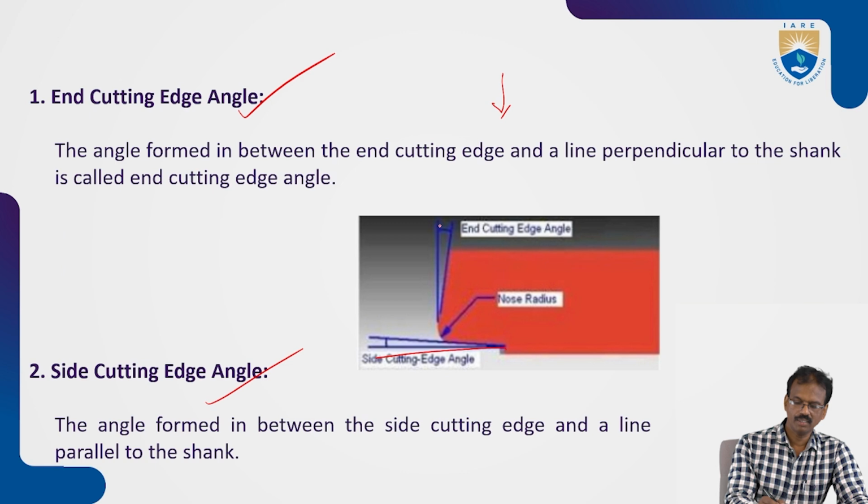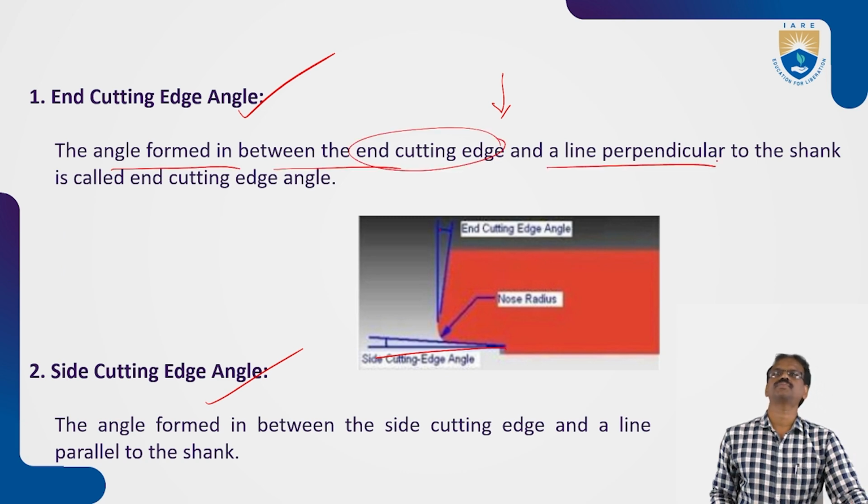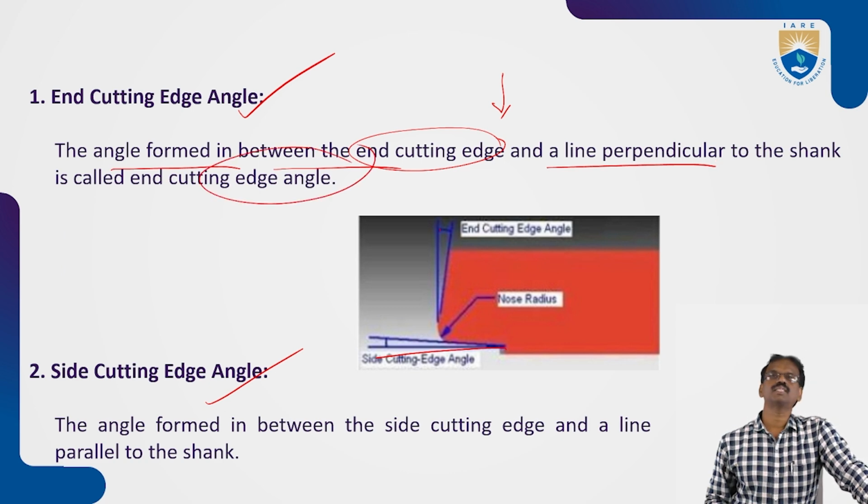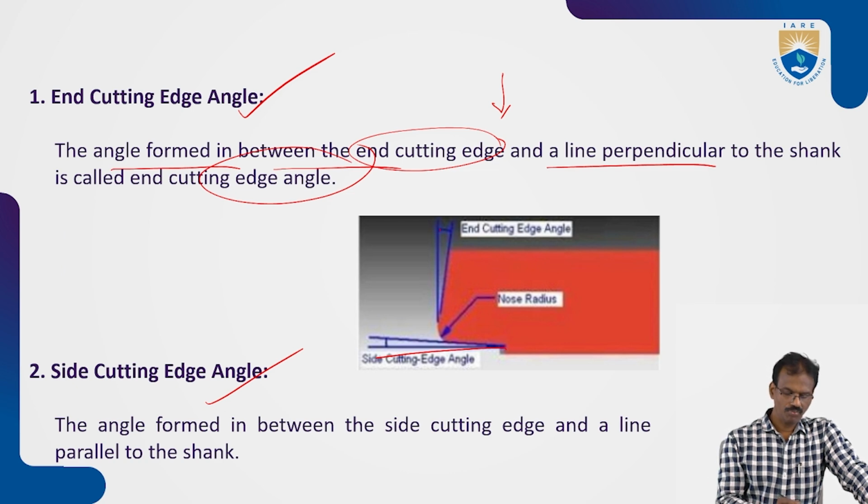The end cutting edge angle is the angle between the end cutting edge and the line perpendicular to the shank. So that is the end cutting edge angle. The side cutting edge angle is the angle formed between the side cutting edge, the major cutting edge, and the line parallel to the shank.